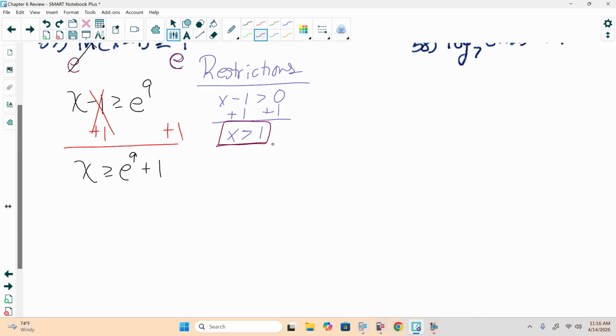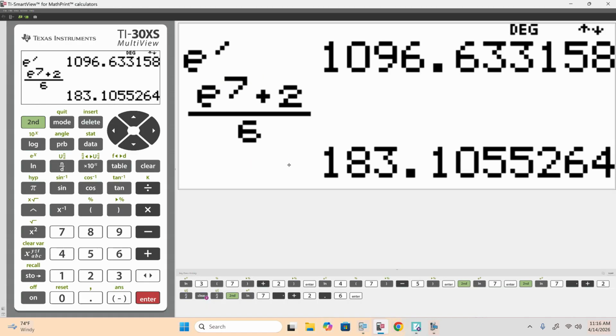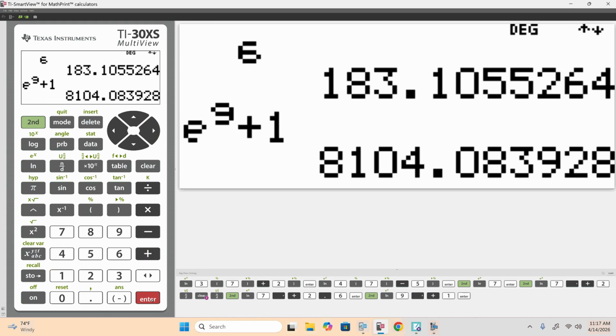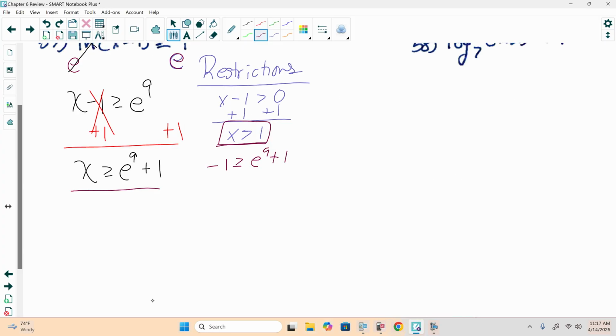So I'm going to take that value and plug it into this here. This is negative 1 greater than or equal to e to the 9th plus 1. And if we want to check, e to the 9th plus 1 is 8,104. So is negative 1 greater than 8,000? Well, no. Because it doesn't make it a true statement, I don't have to include those restrictions.